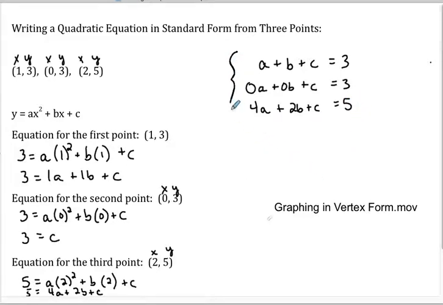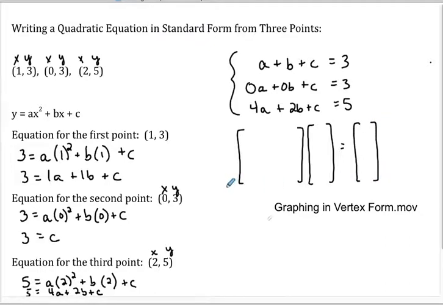Well, this looks like a system of 3 equations. And since this must be a system of 3 equations, I could write this as a matrix equation. And I could use matrices to solve for my 3 unknowns.